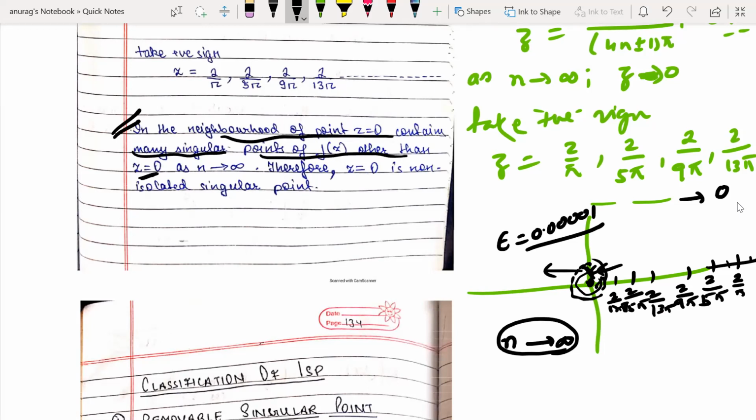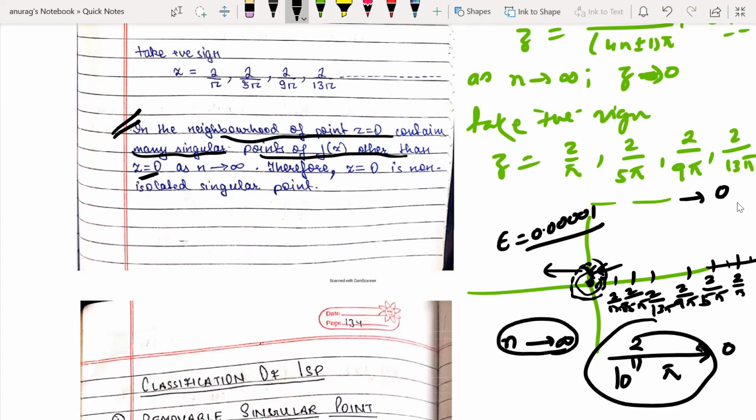It looks like 2 over 10 to the power 11 pi. This is also a very small value tending to 0 but not exactly 0, and if epsilon is greater than this point, this point will also lie inside the circle.